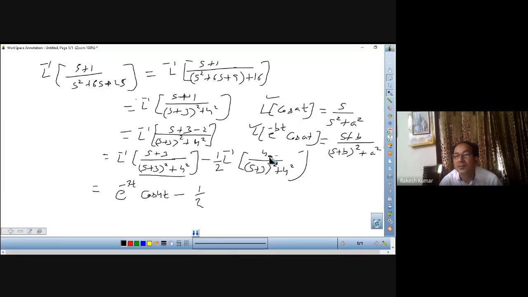In case of s in the numerator, we use the formula of cosine.